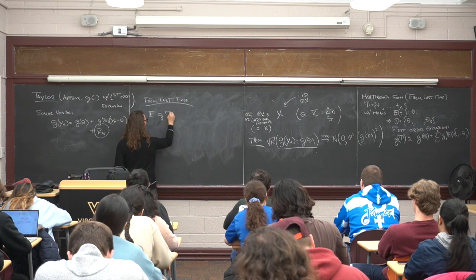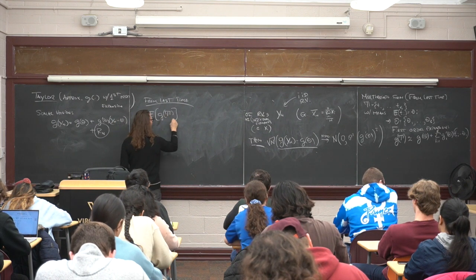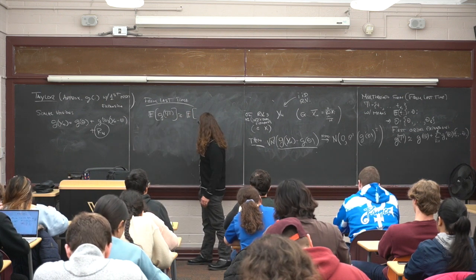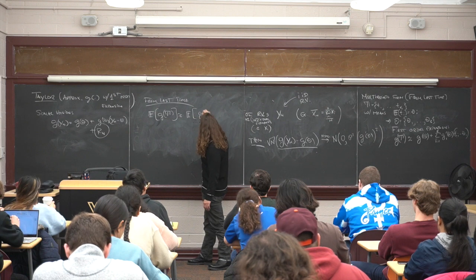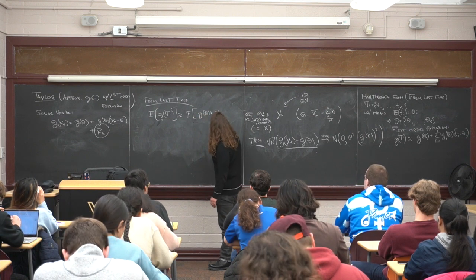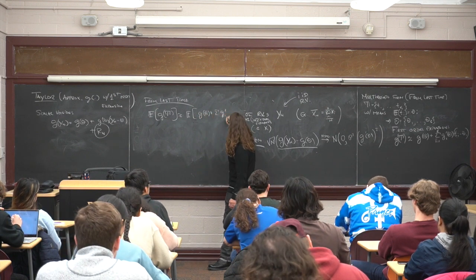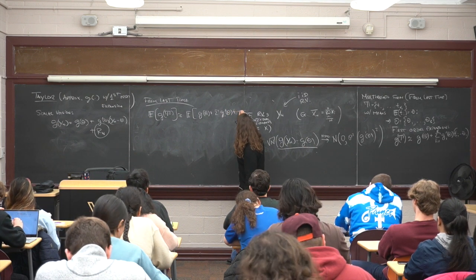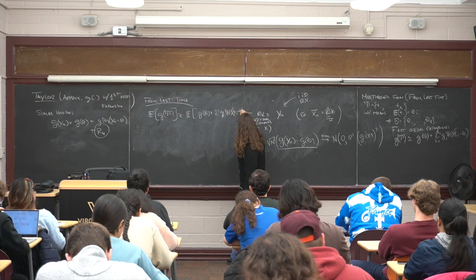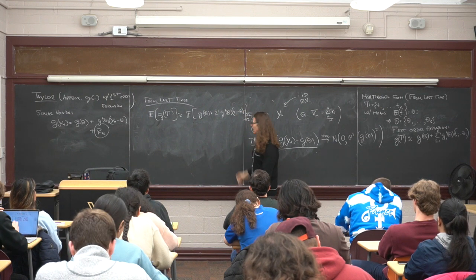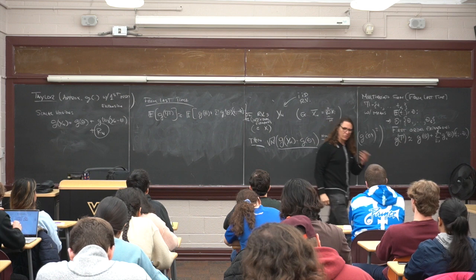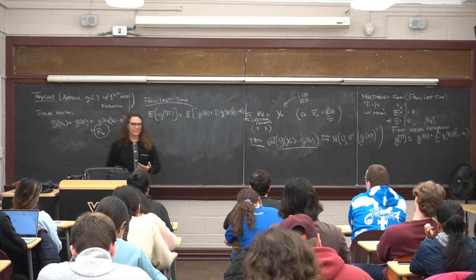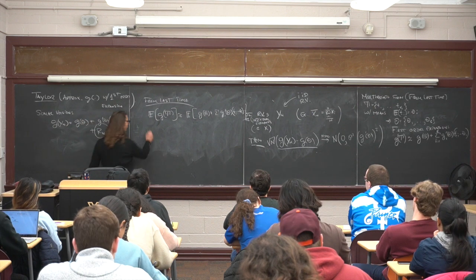Expectation of GT is going to be approximately expectation of G theta plus our derivatives, Ti minus theta I. How good is that approximation? We don't really have a good understanding of it. We just wrote a symbol down, so it kind of means nothing at this point, but maybe they're close.